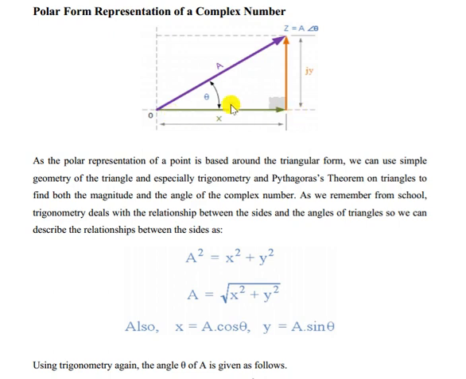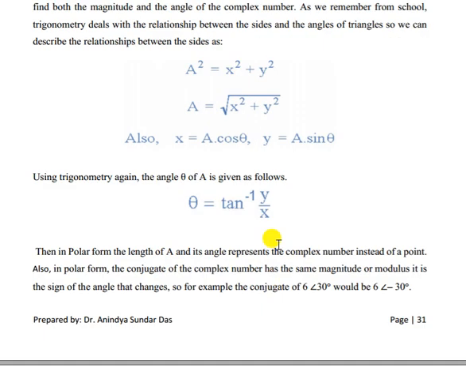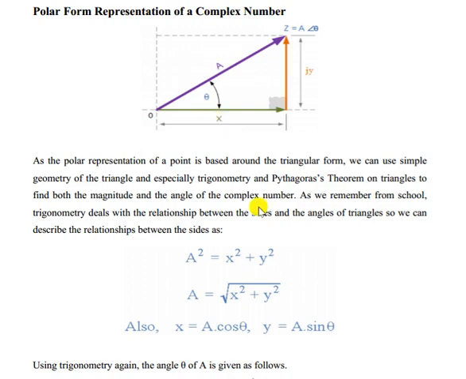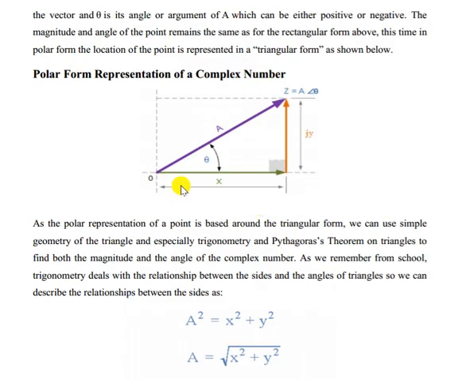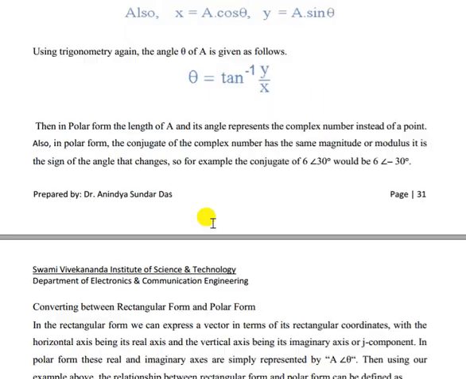And what is the value of x in terms of this angle theta? X equal to a cosine of theta, y equal to a sine of theta, right? So and theta equal to what? Tan inverse y by x. So polar form is written in a angle of theta, and Cartesian form written in x plus jy or x minus jy format.